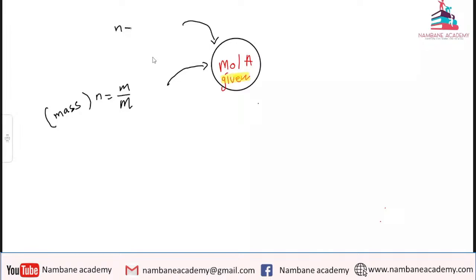So the critical thing is getting the number of moles, n is equal to N over NA. And when am I going to use the Avogadro number? When I am given the number of atoms, the number of molecules, or ions, then I can apply n is equal to N over NA.